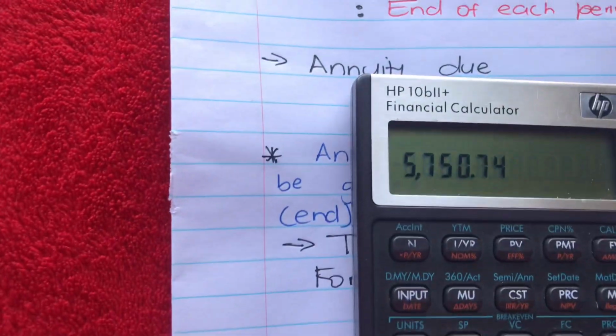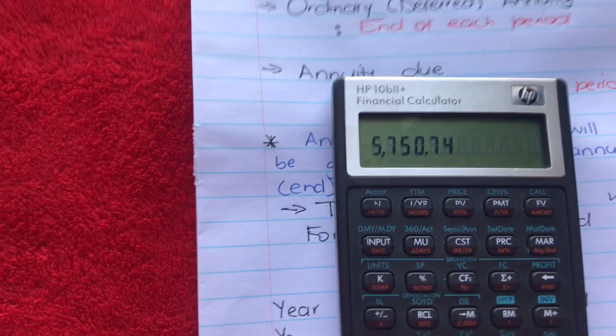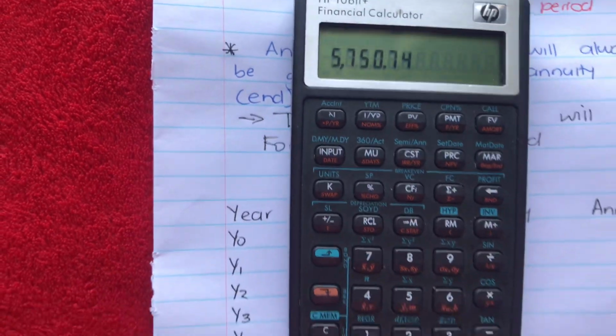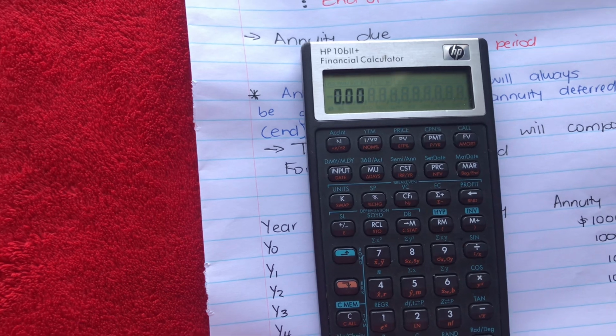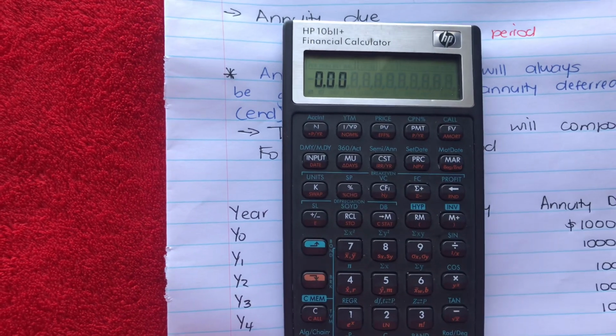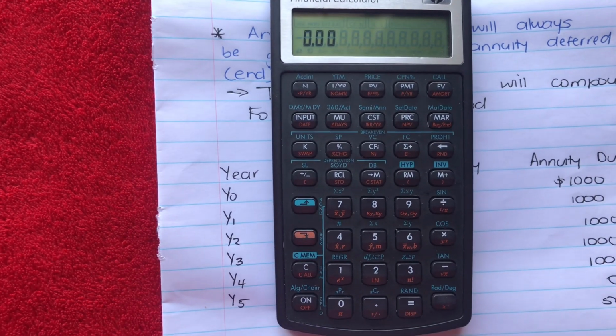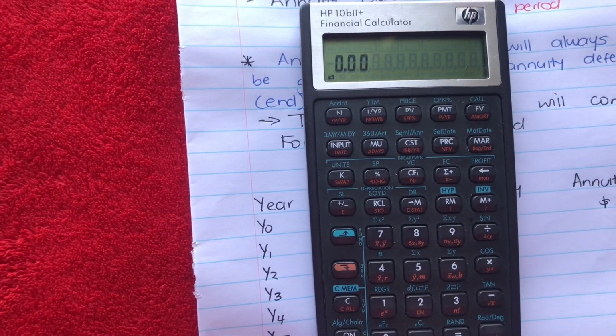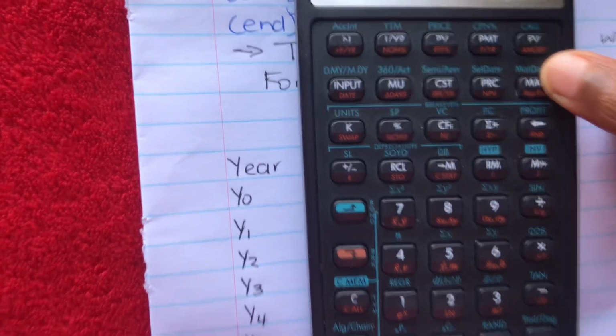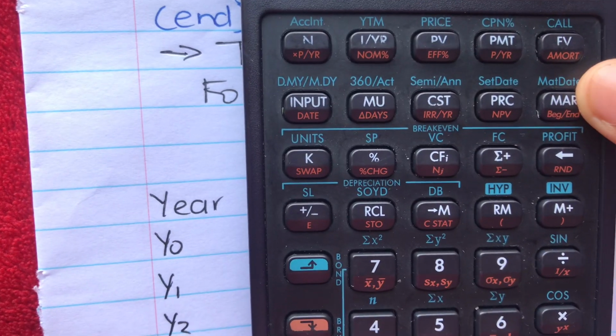Now we are dealing with the annuity due. So we press orange shift again, then clear all. With the annuity due, we need to set our calculator to the beginning. We press orange shift and then the beginning and end key.